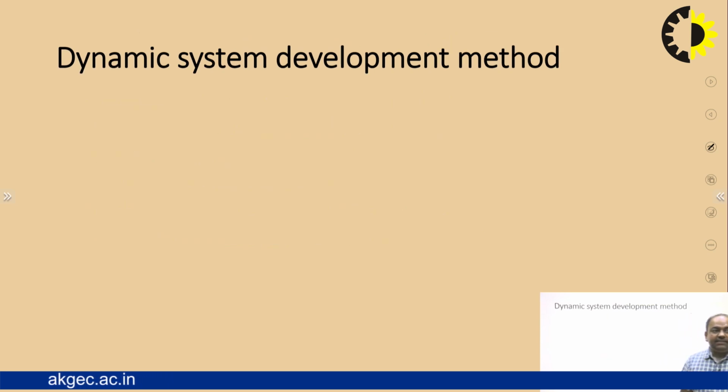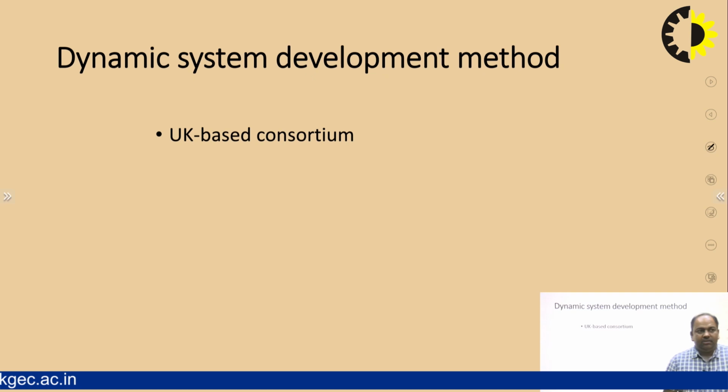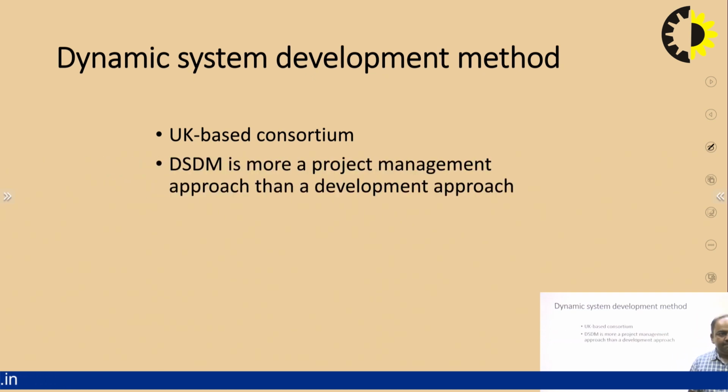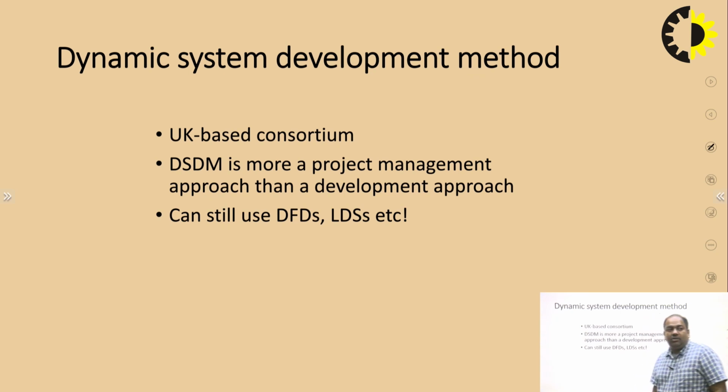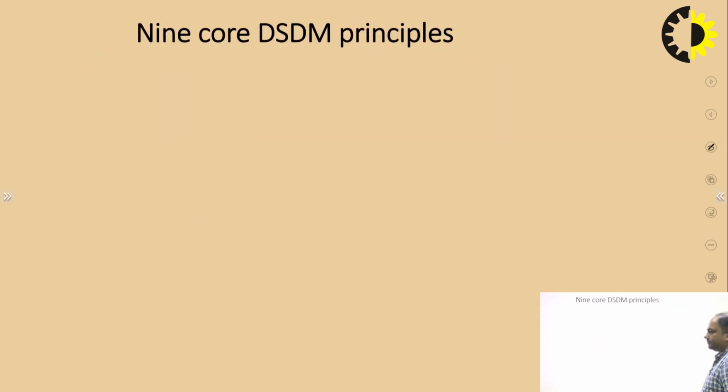The next is dynamic system development method, in short DSDM, and DSDM is based on the UK consortium. It is more of a project management approach than a development approach. It can still use DFDs, and DFD's full form is data flow diagram.